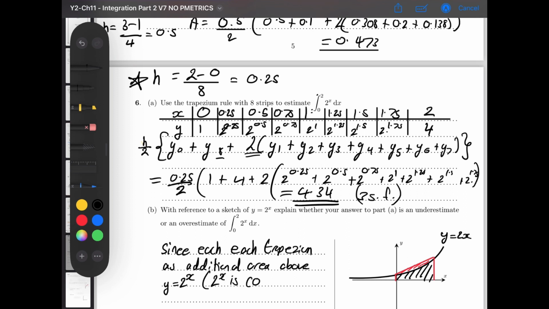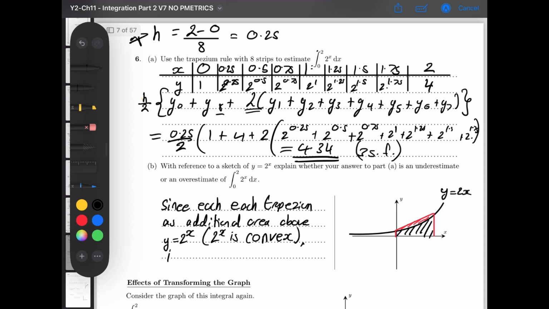I beg your pardon, it's not converse, that's not the phrase I meant to say: convex. So since each trapezium has additional area above y equals 2 to the x, it is an overestimate.